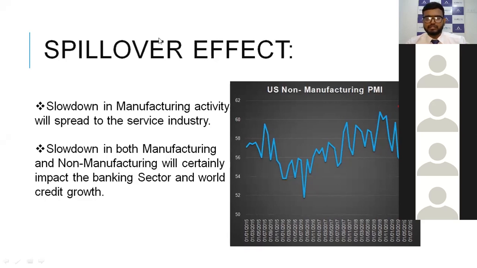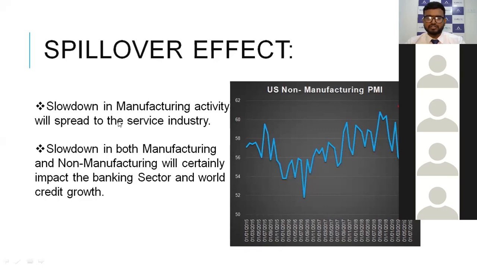You can see on the chart that from the last quarter of 2018-19, it has taken a steep fall. So this means that a problem in one sector, this slowdown in one sector, will start to impact the other sectors also, if that tends to stay for a longer duration.